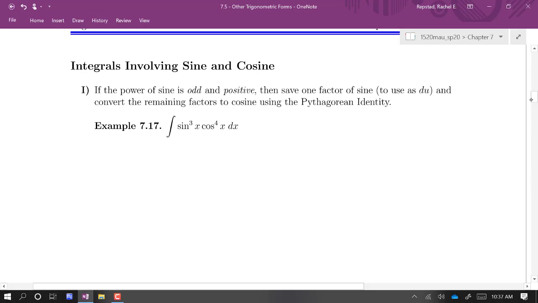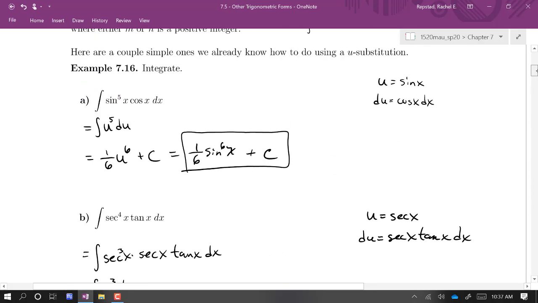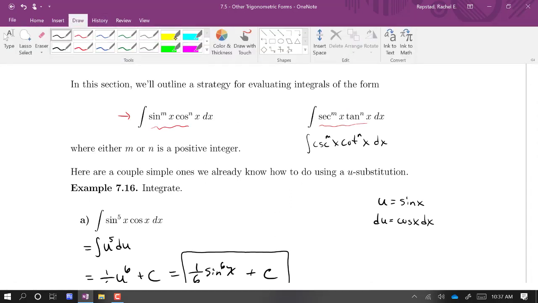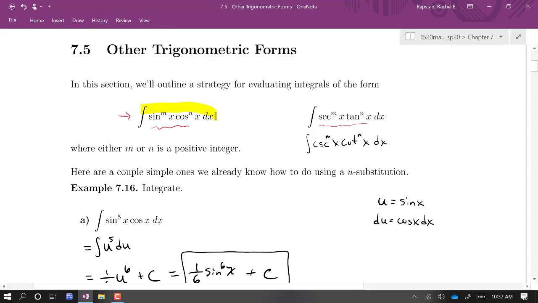We're going to look at sines and cosines first. Remember, up here I said we're going to look at scenarios where we're integrating a product that involves powers of sines and cosines. And we break it down by if we have one of those exponents being odd and positive.